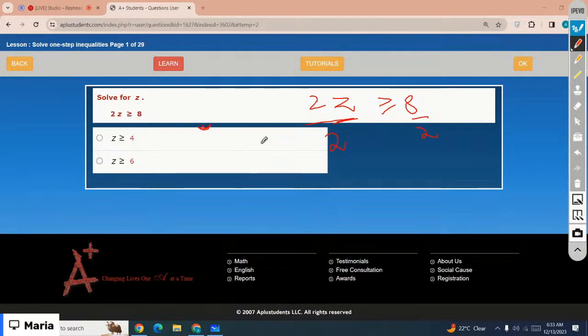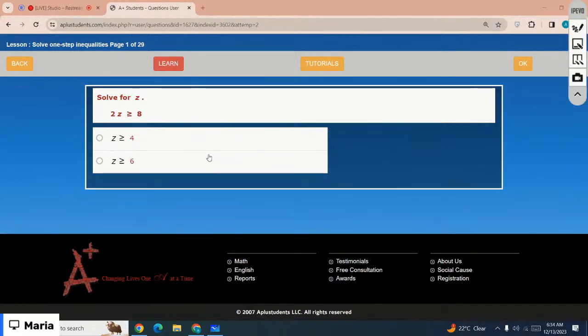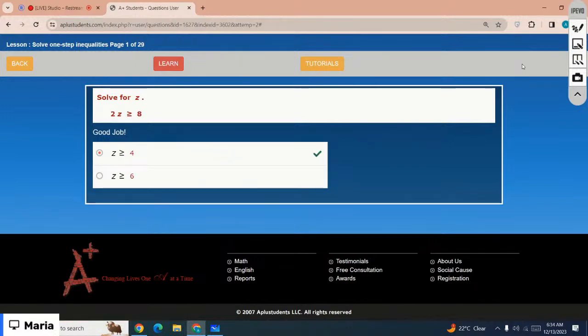So 2 and 2 get cancelled out, and 8 divided by 2 is 4, so the correct option is z is greater than or equal to 4.